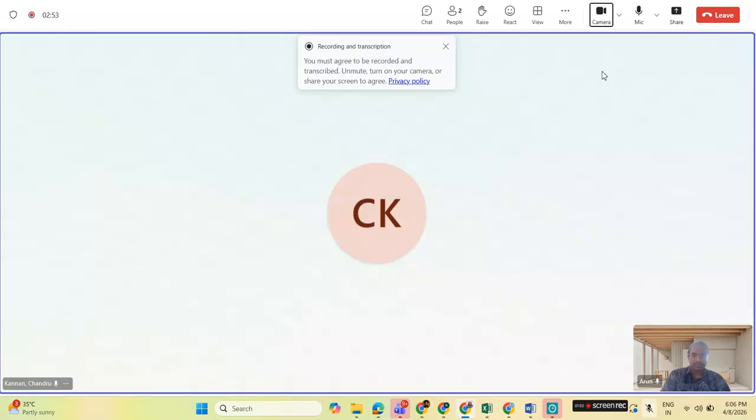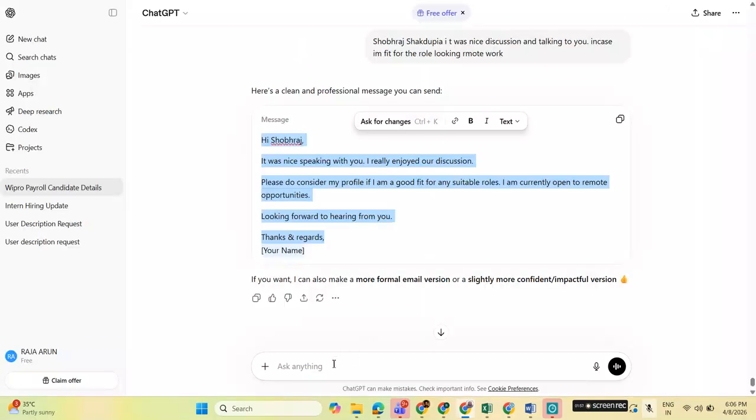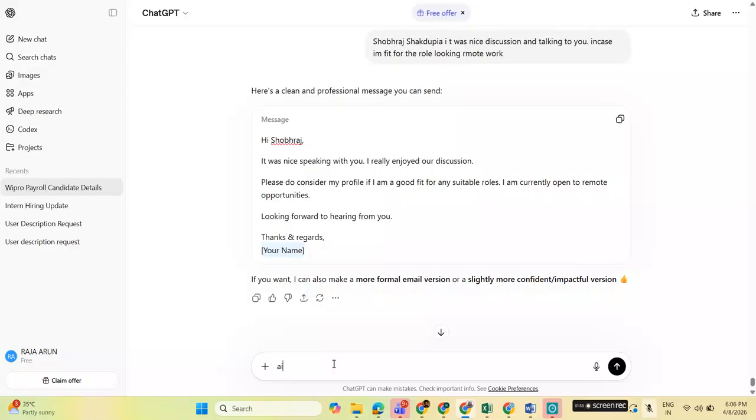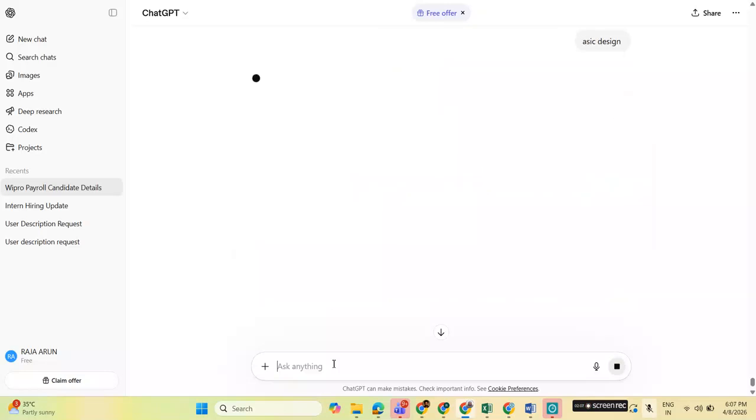Okay, could you elaborate the ASIC design workflow? So ASIC usually is a part of the design process on the semiconductor side, the chip level design.